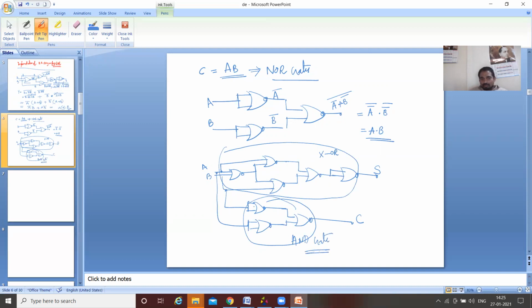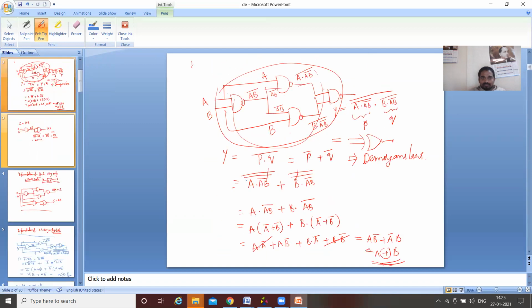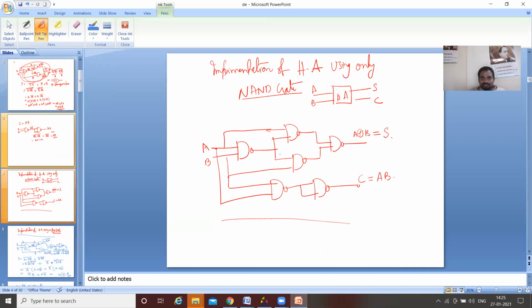So therefore, the implementation of the half adder circuit using only NAND gates and using only NOR gates. Here, this is using only NAND gates, and this function is the exclusive OR gate, and this is the AND gate using only NAND.